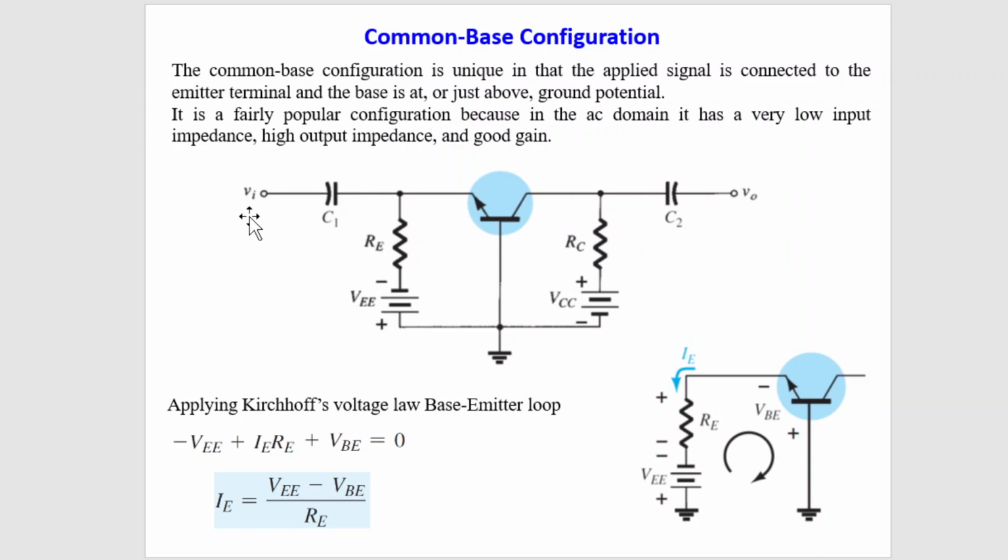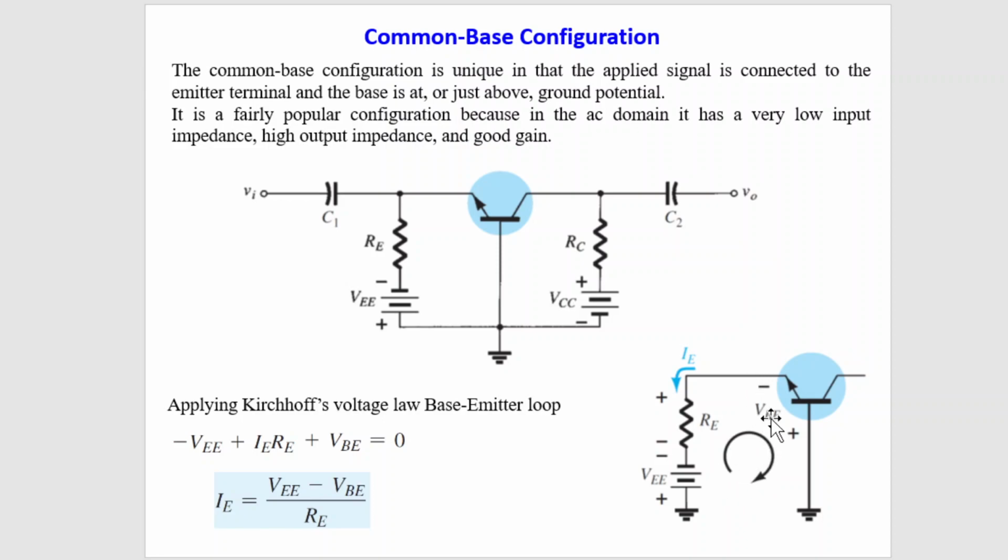They can be neglected. If you draw the circuit, it will look like this: base, and then emitter, then we have an emitter resistor, then a VEE battery, whose negative end is connected with the resistance, and the positive end is grounded. So this makes a closed loop.